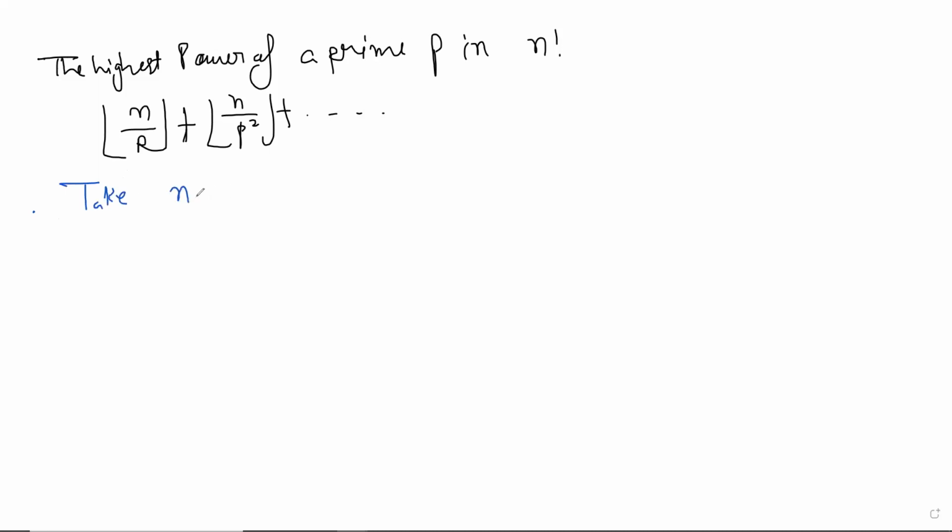Let's take n to be 102, so that we can all do it together. Let's fix a prime p. Let's take p to be 13, or let's take it to be 7, otherwise the number is too small. Let's take it to be 7.